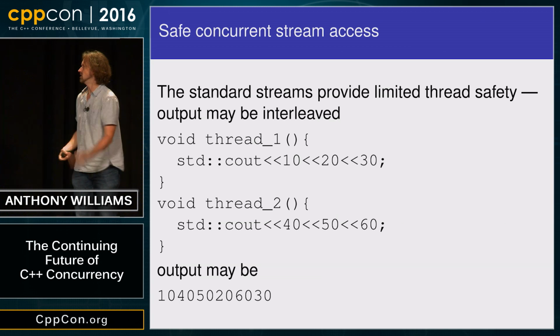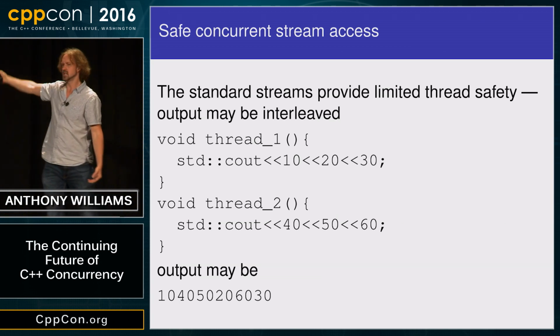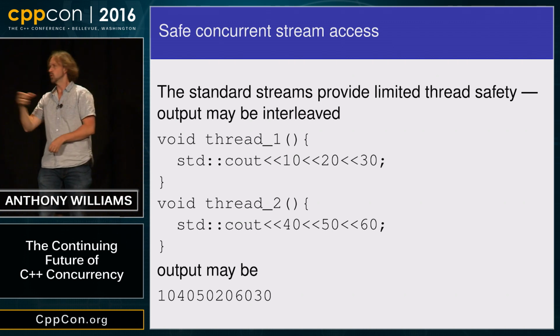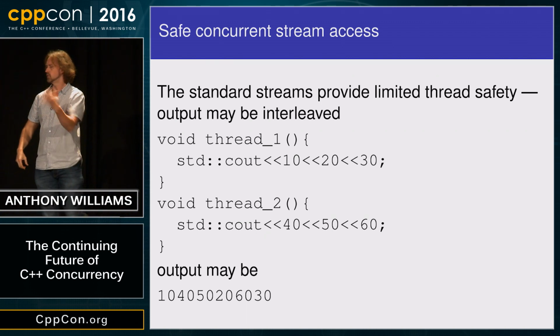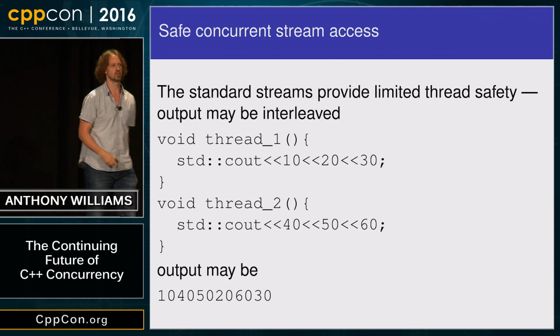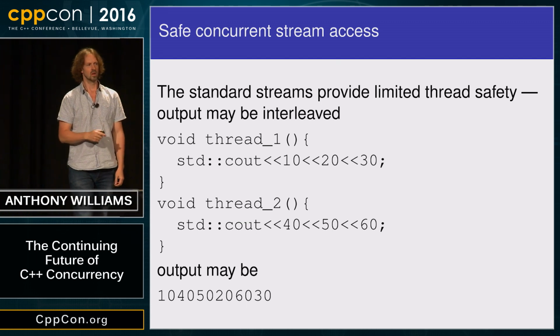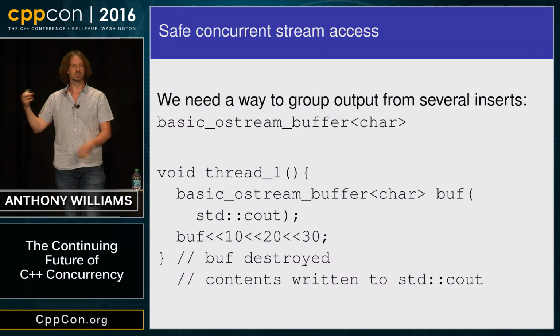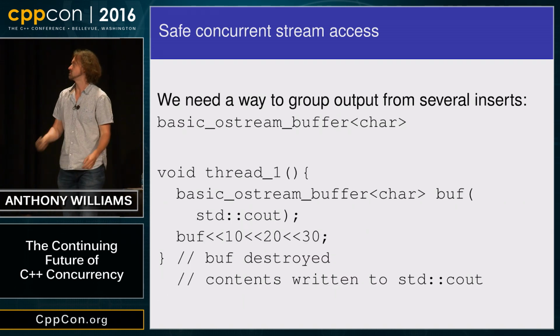So you could get 10, 40, 50, 20, 60, 30. And obviously the 10 is before the 20 is before the 30, and the 40 is before the 50 is before the 60, but they're all interleaved across the 2 threads. So it would be nice if we could avoid that, and there are proposals around that.